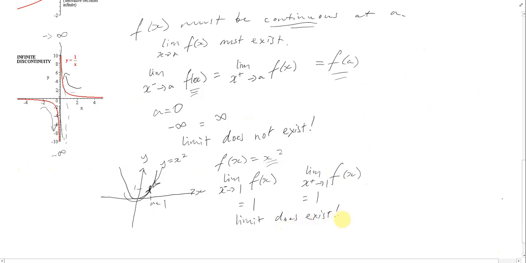The limit does exist, which is good. And also, the limit at that point is equal to the function at that point. If we do the function of 1, that's 1 squared, which equals 1. So this limit does equal 1. All of that put together means that f of x is continuous.